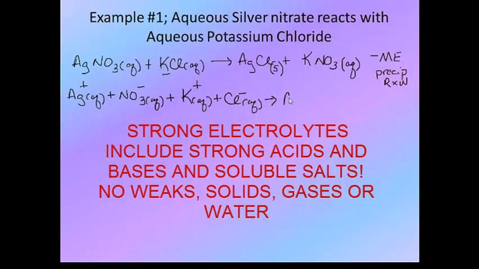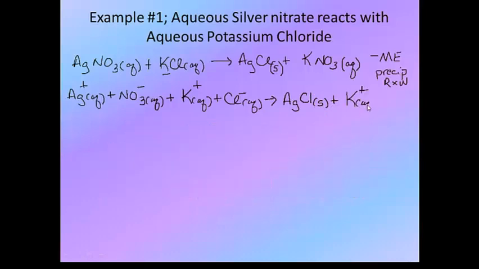Silver chloride is a solid. It is not a strong electrolyte, so it does not separate. Potassium nitrate are those spectator ions that are floating around in solution. This is my complete ionic equation.